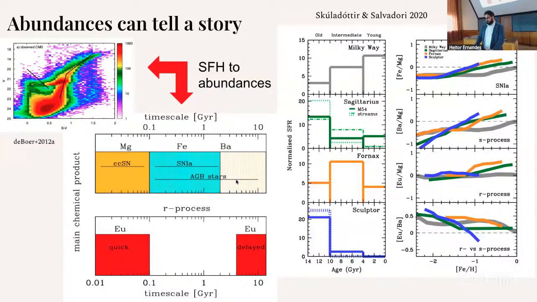And in this paper, to explain this rise in europium over Mg, they said that for these environments, something is going on that is adding, at later times, more europium than Mg.